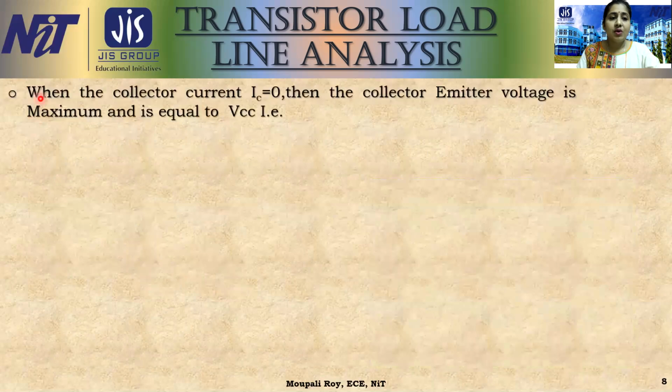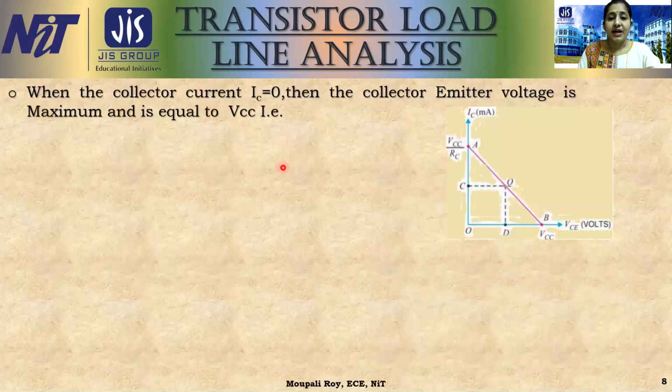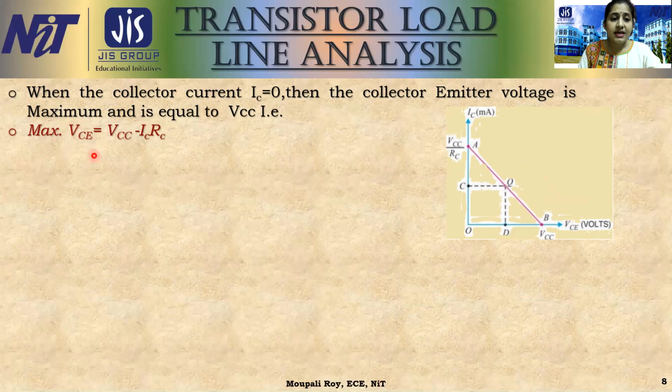From this, when the collector current IC equals 0, the collector emitter voltage is maximum and equal to VCC. We got this from the previous slide: VCE equals VCC minus IC into RC. This is our VCC there.